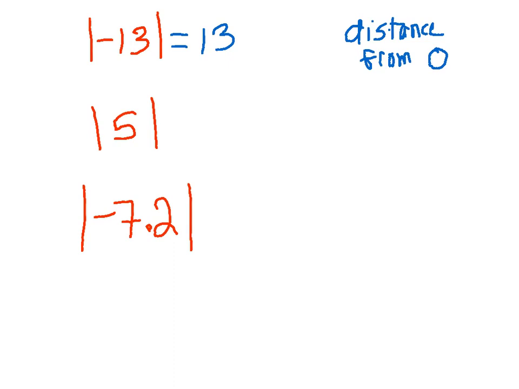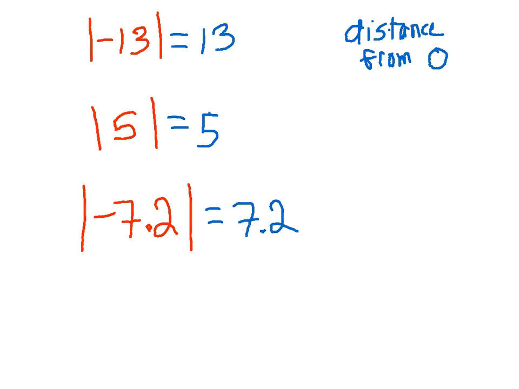If you look at the next one, the absolute value of 5. How far is 5 from 0? If you count the blocks, it's pretty obvious that you get 5. And finally, the absolute value of negative 7.2. It's going to be a positive 7.2. We never talk about distance in terms of negative numbers.